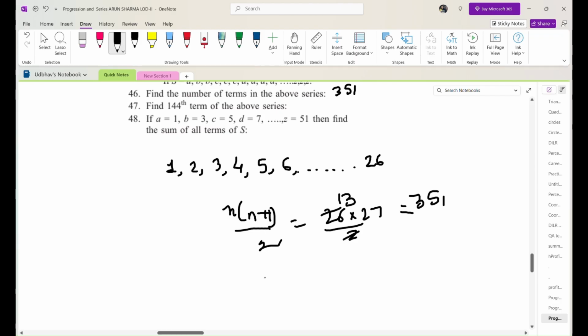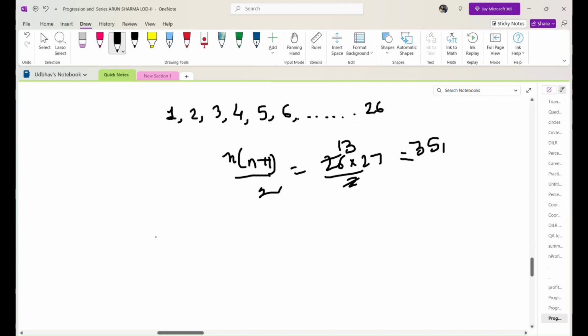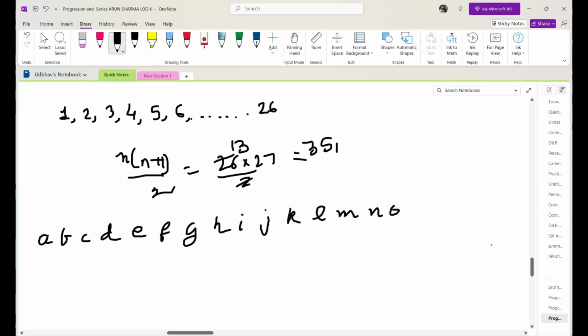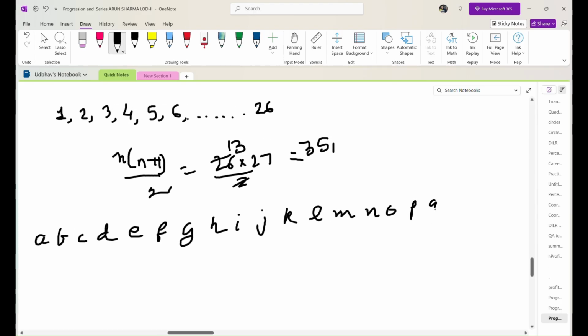Let's say after the 10 alphabets like A, B, C, D, E, F, G, H, I, J, K, L, M, N, O, P, Q.